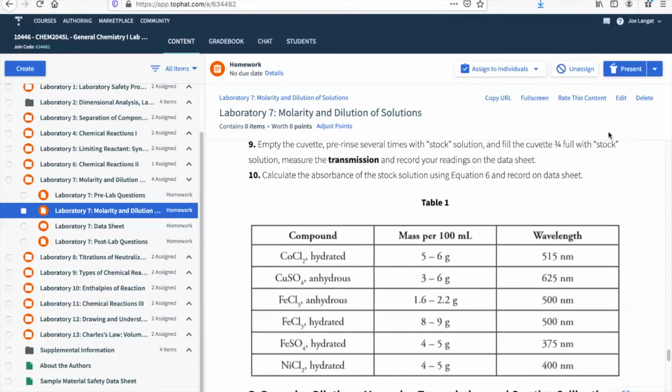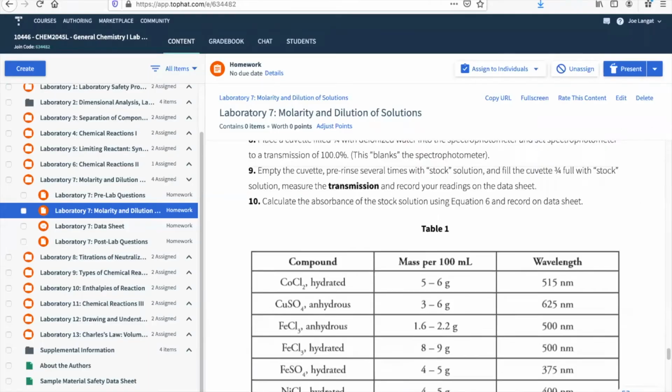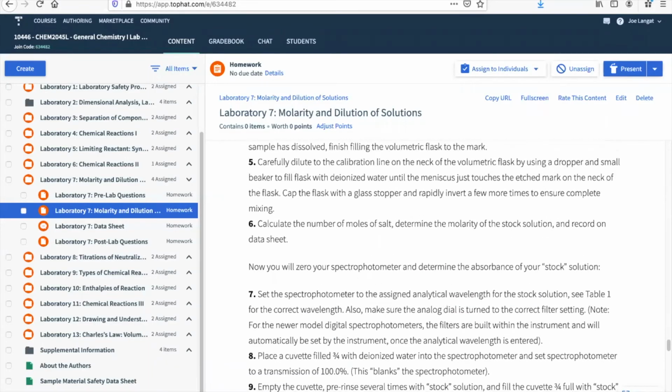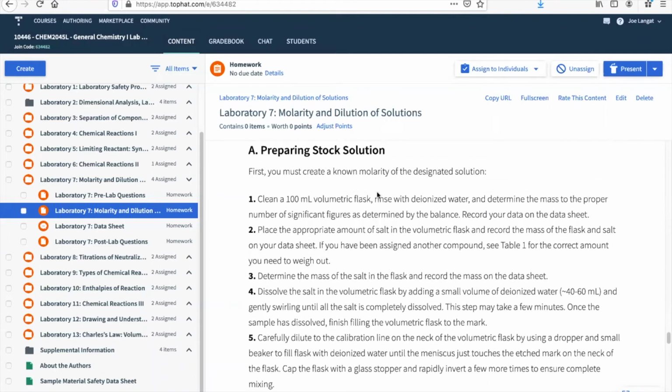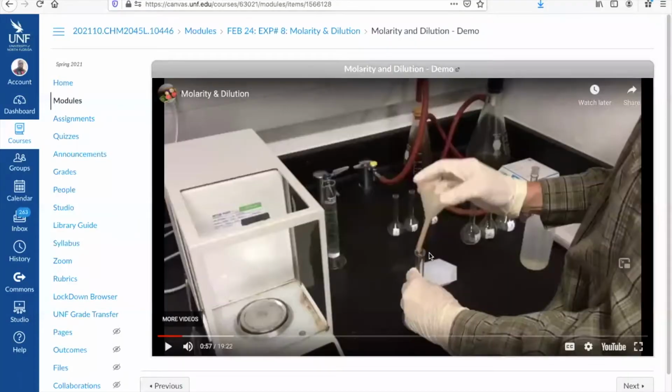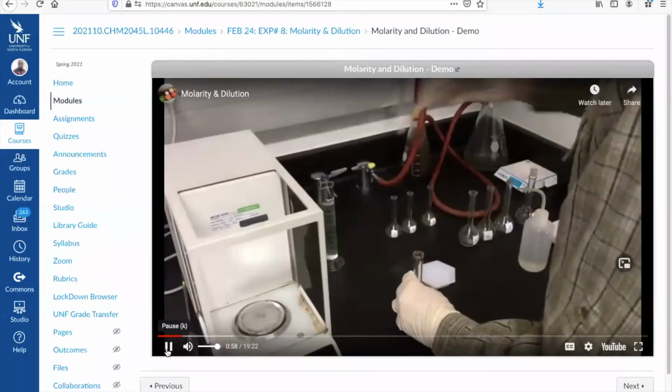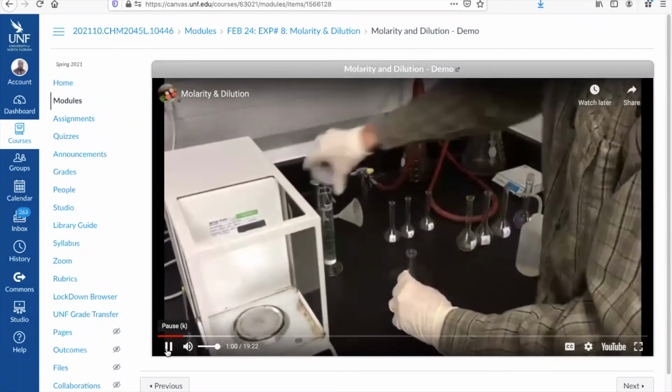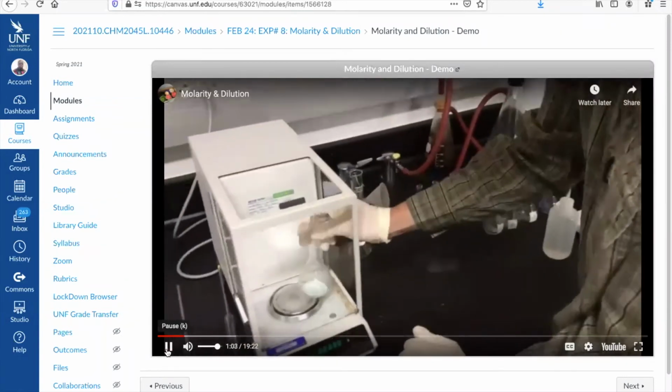From the instruction at Top Hat, it talks about the volume. You need to read the volume. Look here, this is the key. What is the size of the volumetric flask? If you don't go back there, you will not know what volume you are using. So whatever he has here, this is the capacity: a 100 ml volumetric flask.